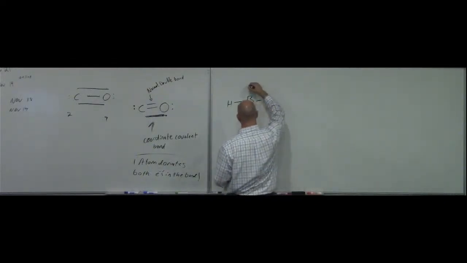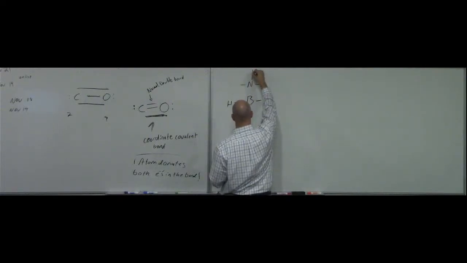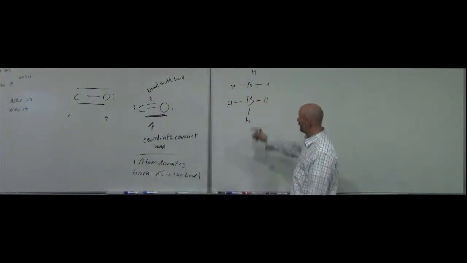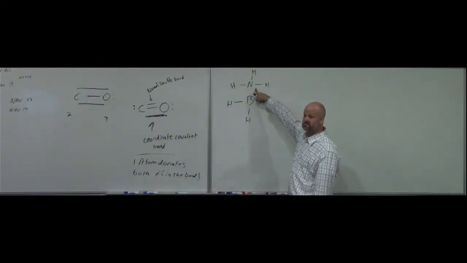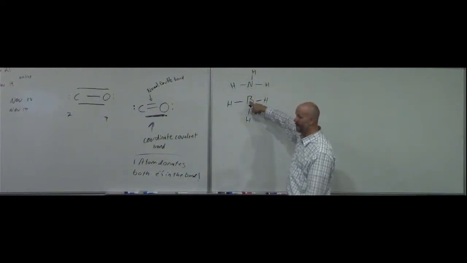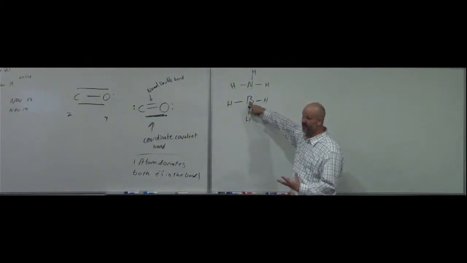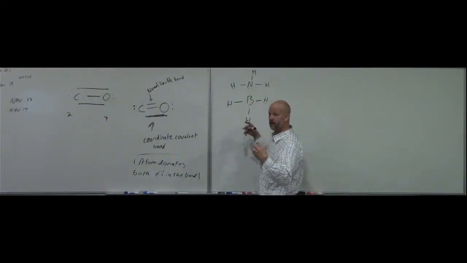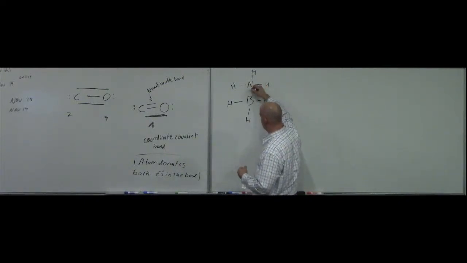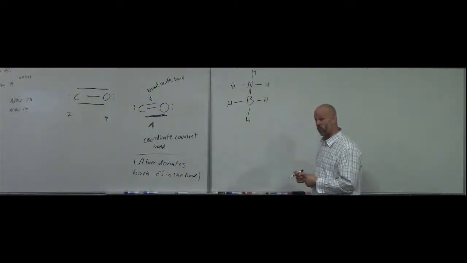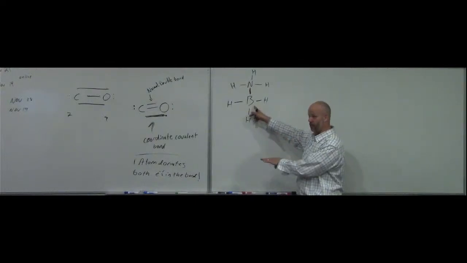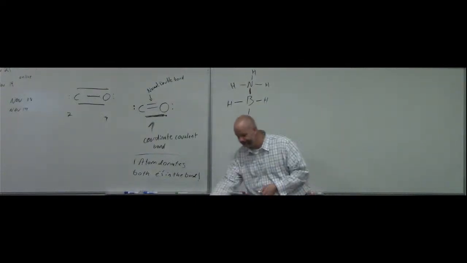I'll draw ammonia again. It's got a free pair of electrons. Boron has none. He wants to satisfy that octet rule so bad he can taste it. So if these two come close enough, get that. He contributed nothing to this bond. This is a coordinate covalent bond.